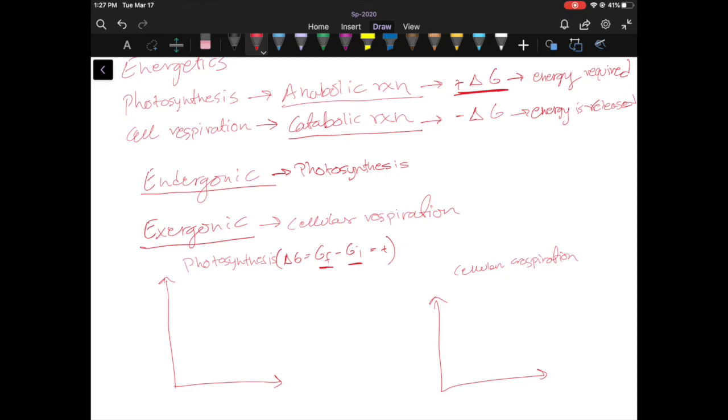So what this will look like in our free energy diagram, just generally, and it's just a rough estimation, is where our reactants are here.